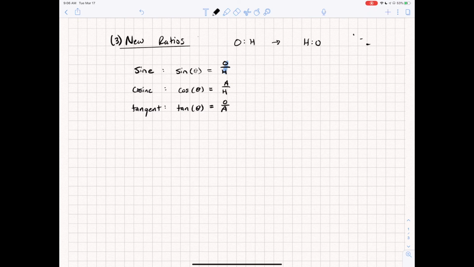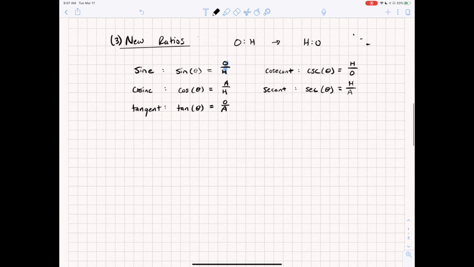What that is called is cosecant, which is abbreviated as CSC. And its ratio is relating that hypotenuse to opposite. If I have cosine, which is adjacent to hypotenuse, if I want to look at the flip of that, then what I'm looking at is called secant, which is abbreviated as SEC of my angle, and that is hypotenuse over adjacent.